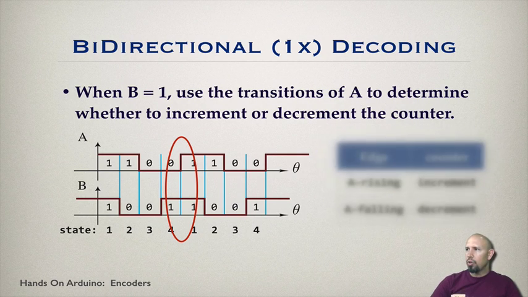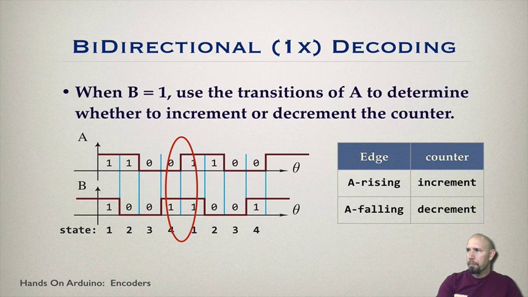Alternately, you can do it this way. If I have a rising edge on A, so remember when B is 1, okay, and I get a rising edge on A, then I want to increment my counter. So remember the counter, just like we had with one directional decoding, bidirectional decoding, we would have an increment as well.